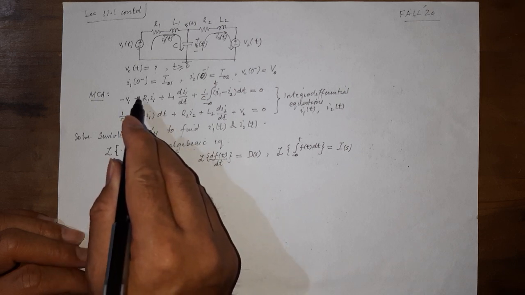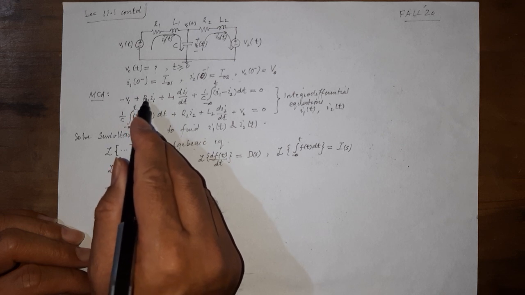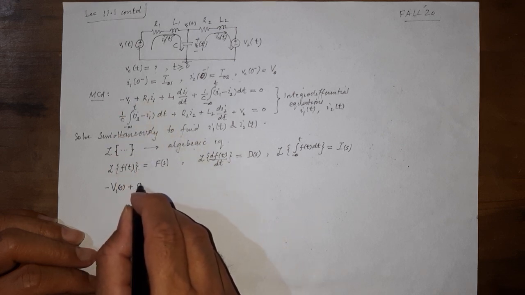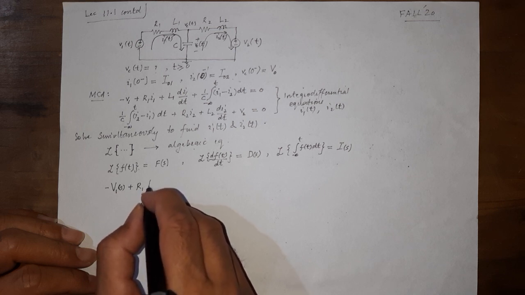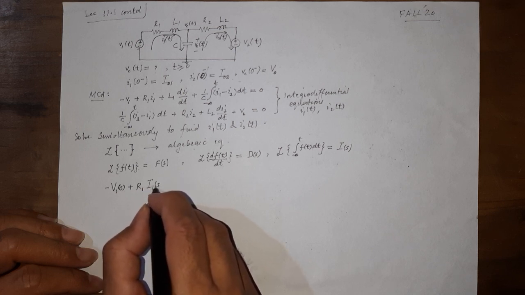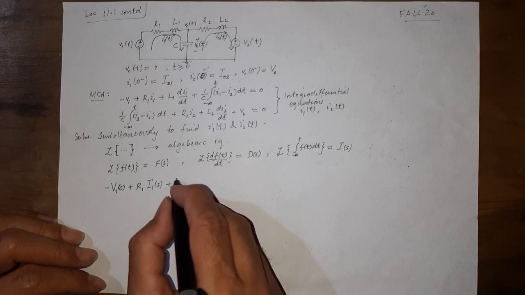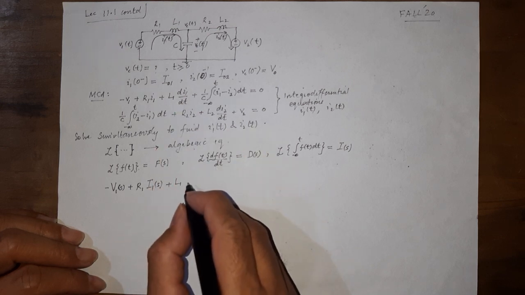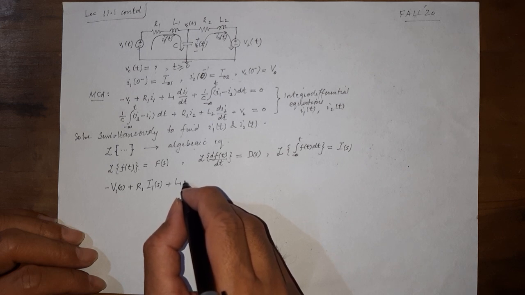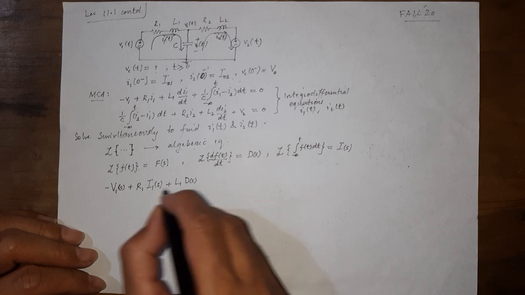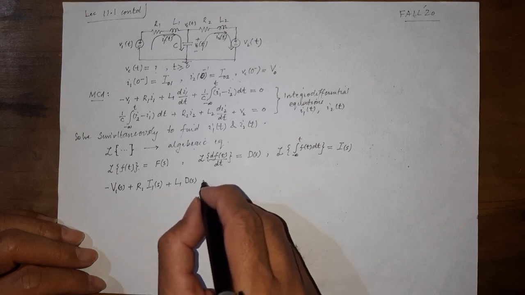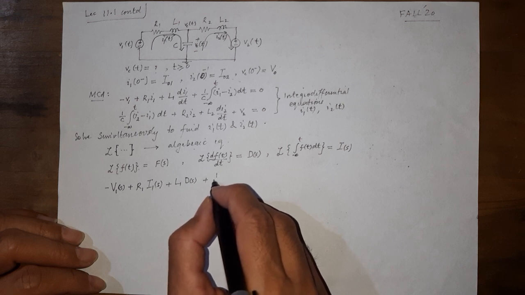So the constant goes out of it, and what we are left with is R1, and that operator on I1, which yields I1 of s, plus L1, and here we have a derivative of I1. So we are going to have a function d of s, which actually is somehow dependent on I1 of s. So I1 of s is in here as well. We are going to get back to that later.